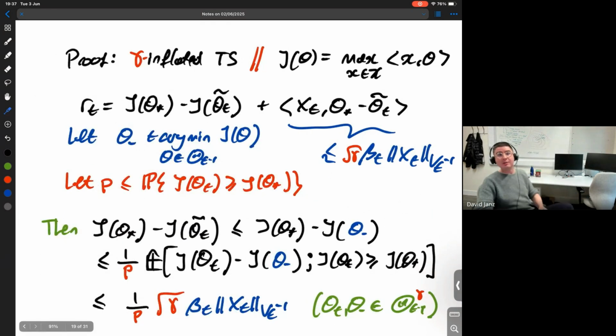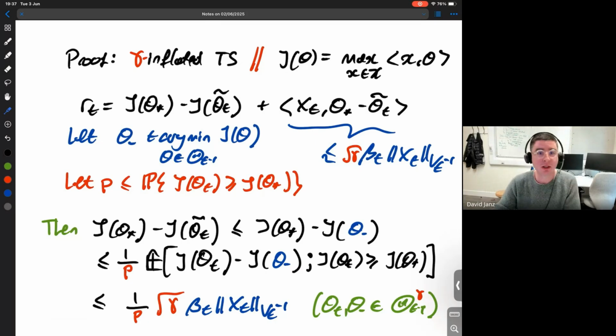So for this gamma-inflated Thompson sampling, let's just introduce a shorthand. We'll call this value function or support function J of theta, which is just the value you would get for a given parameter if you picked the best arm for it.